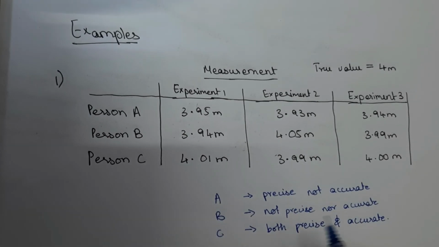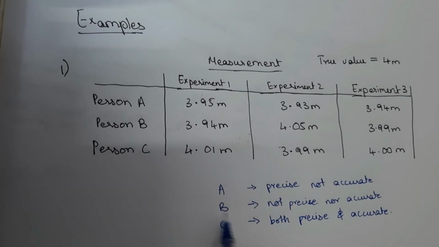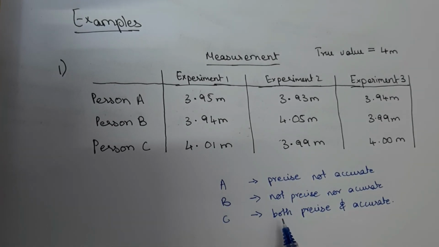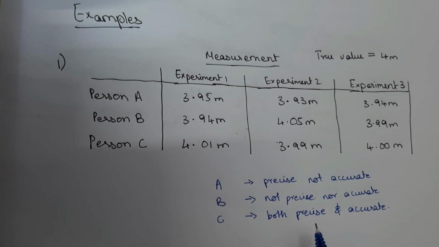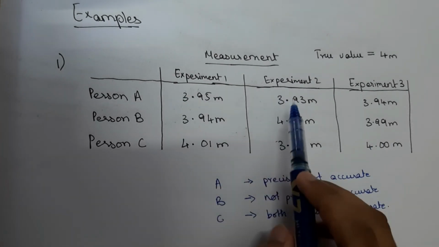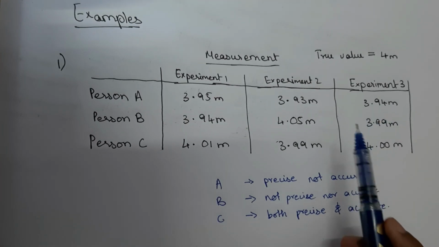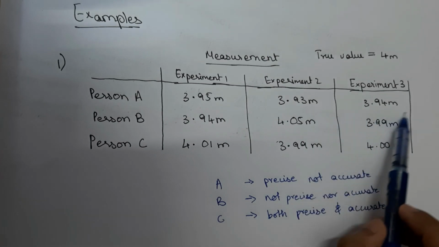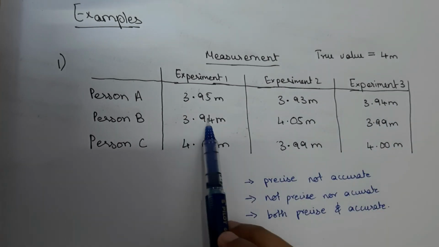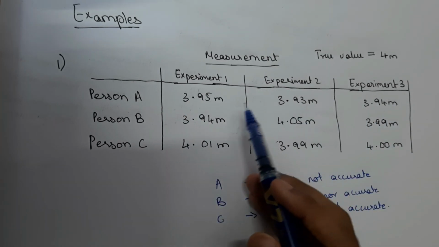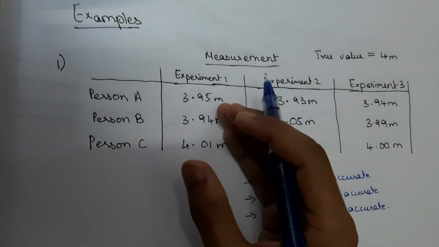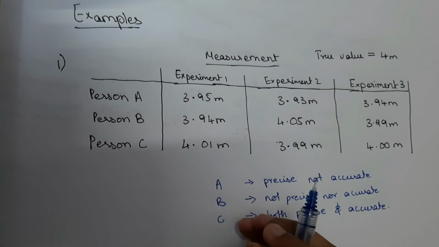So here are the solutions. Person A is precise and not accurate. Person B is neither precise nor accurate, and person C is both precise and accurate. You might wonder, when there are 3 values given, how do you find precision and accuracy for one person's measurements? We take the average of the 3 values, or however many values there are, and then we see whether it is close to the true value or not. By that we can say whether it is accurate or not.